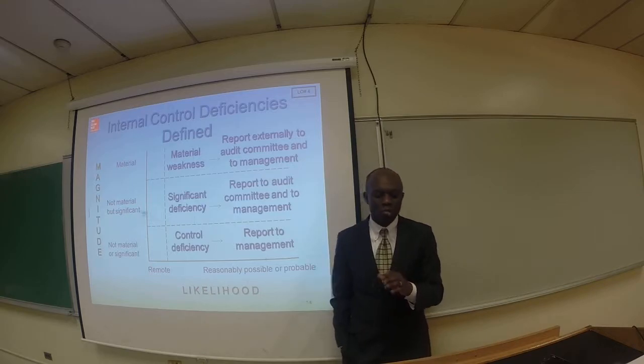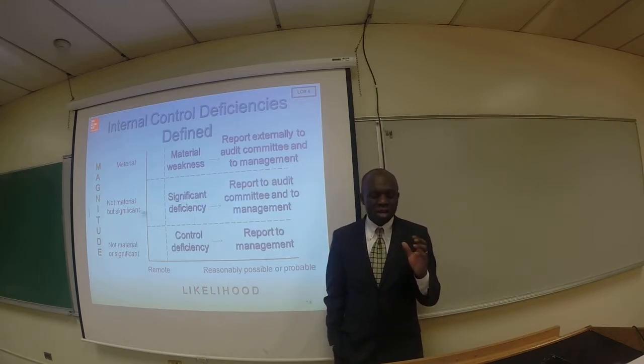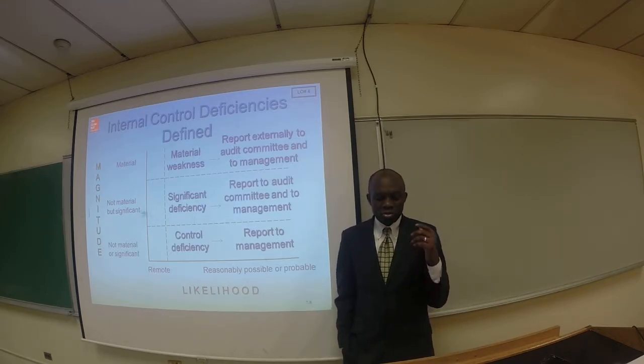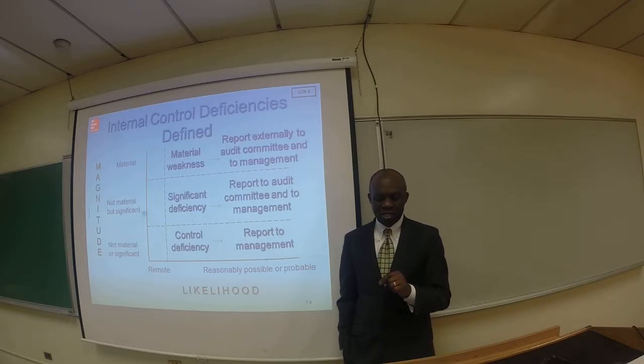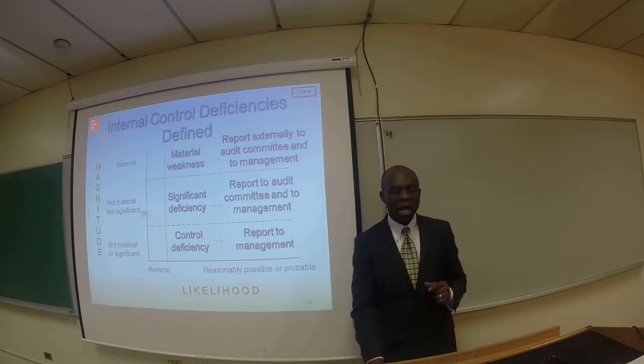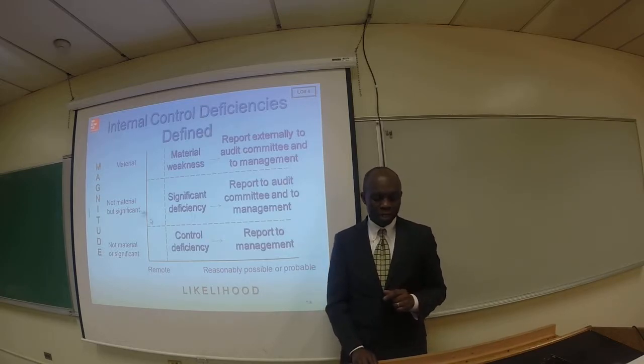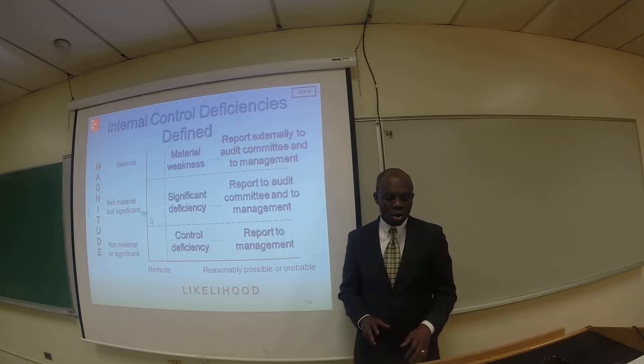What does likelihood mean? We said that it is reasonably possible that a misstatement would not be detected or prevented. So that is the likelihood that a misstatement will not be detected or prevented. Now let's take a look at magnitude. That is the second dimension.